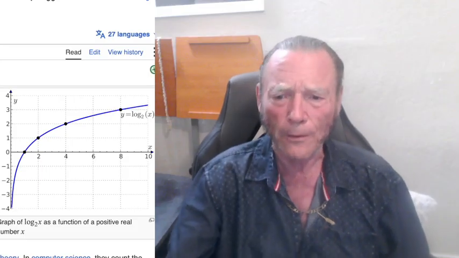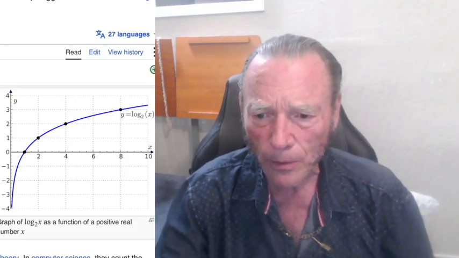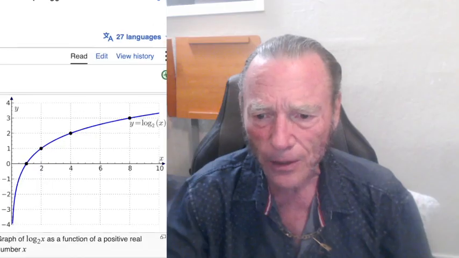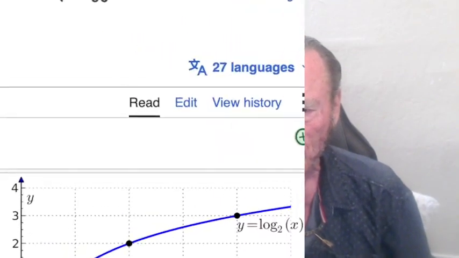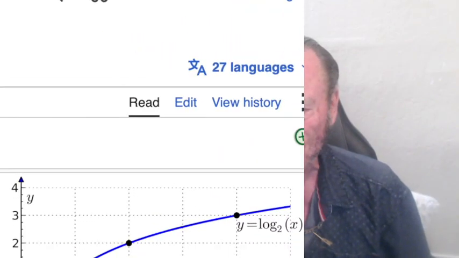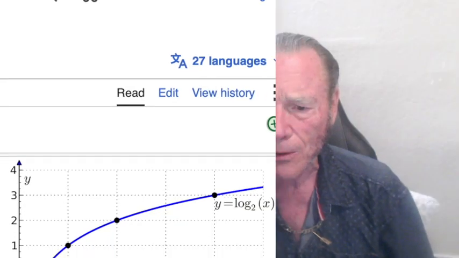No, you're not. But the proof is in the pudding, so what do I have over here? Well, let's just expand this a little bit so we can see it just a little bit better. I think you see that that says y equals log to the base 2 of x, and then you see a curve with some points on it.